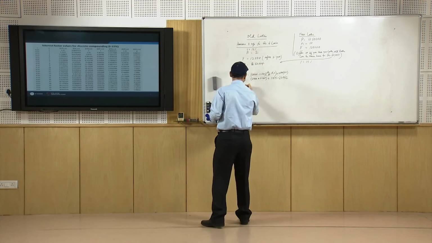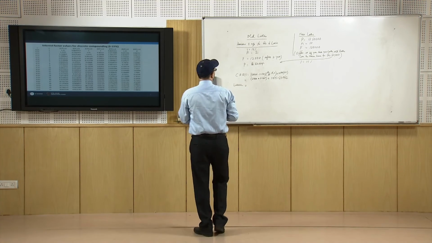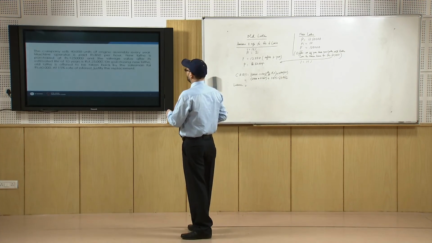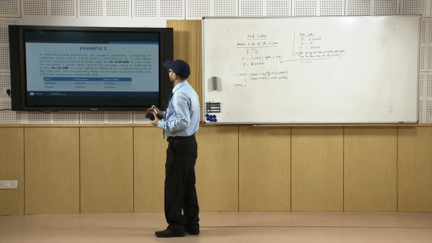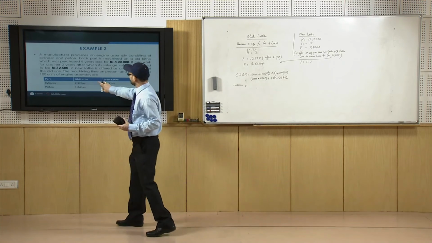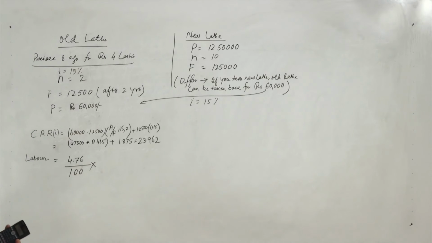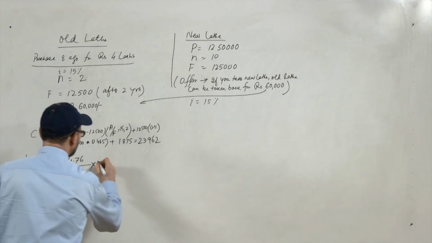Now, labor cost, as we see, is based on the time for which the labor is applied. So, the time for which the labor is applied is here 4.76 hours, and in 4.76 hours it is machining 100 units, and the total number of units which it has to machine is 40,000.